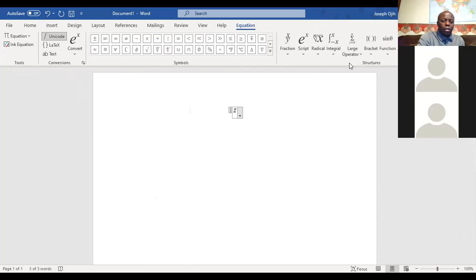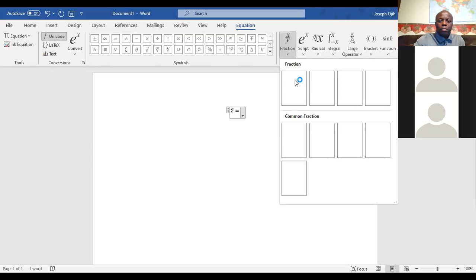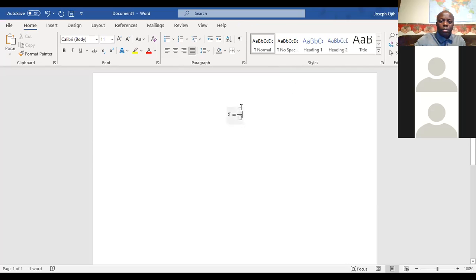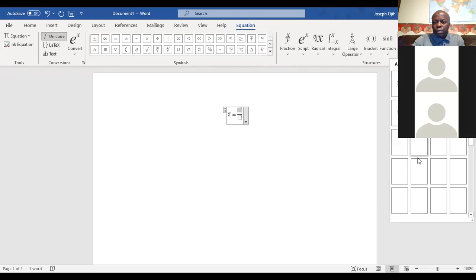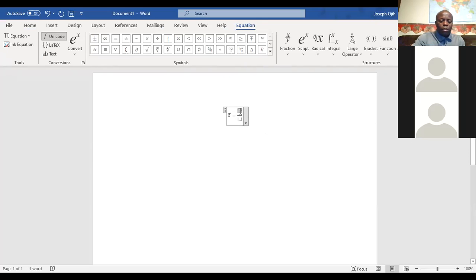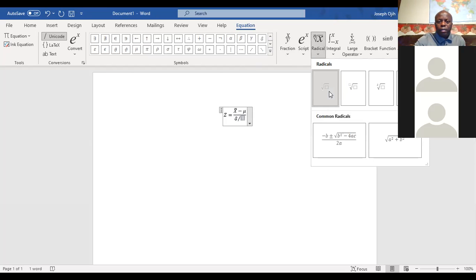Z equals the sample mean, which you can get from here, minus the population mean, which you can find right here, divided by the standard deviation over the square root of n: delta divided by the square root of n.